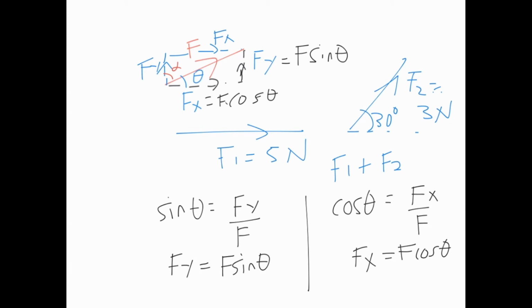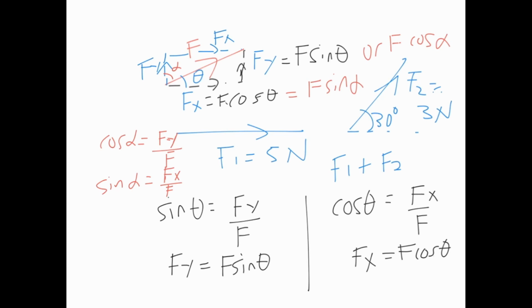Cos alpha will be adjacent, which is Fy over F, and sine alpha will be opposite, which is Fx over F. So I will end up with Fy as F cos alpha. Can you see that? And my Fx will be F sine alpha. So you will notice that sometimes your Fy can be sine or cos, and Fx can be cos or sine as well.